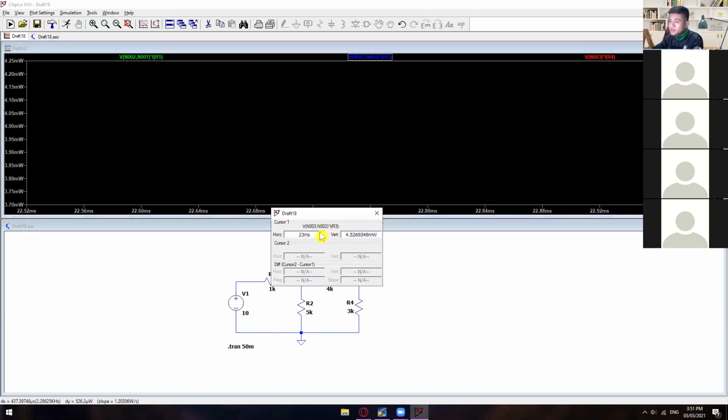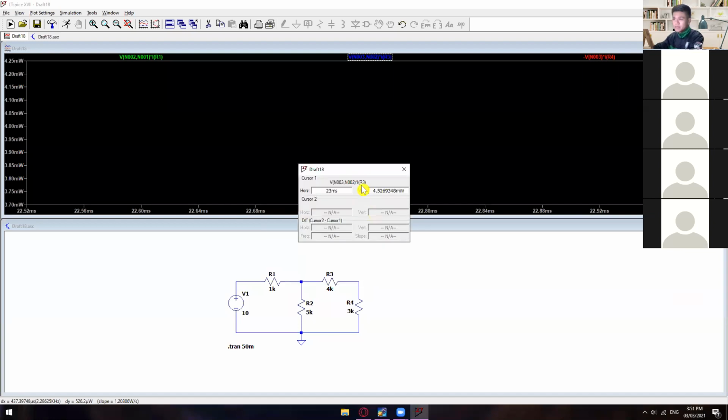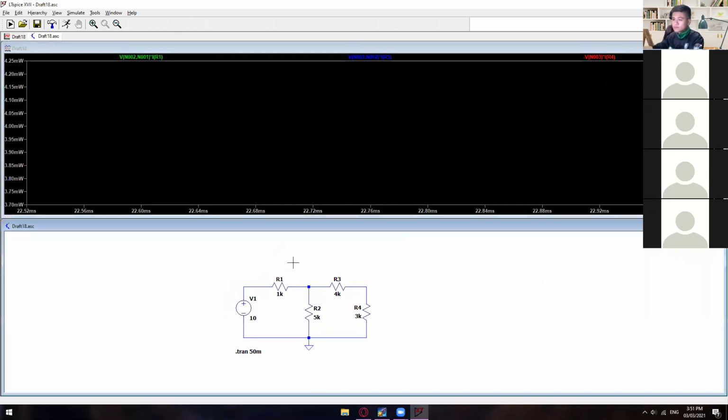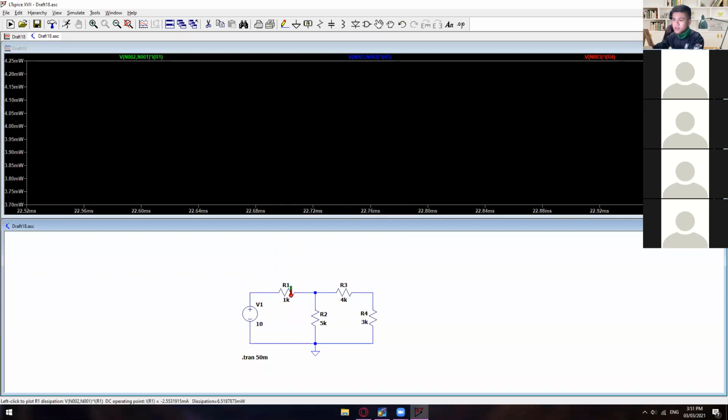So it's the voltage times the current. Sorry, this is the P equals IV. The one that is getting in here is the individual current and the individual voltage across that component. So that's how you measure a power. Just hold your Alt button and then left click that part.